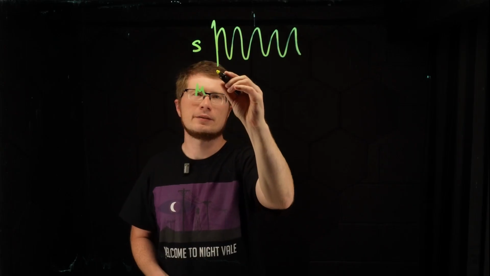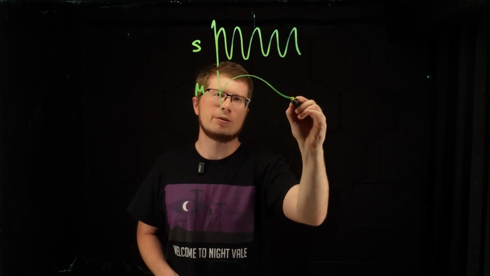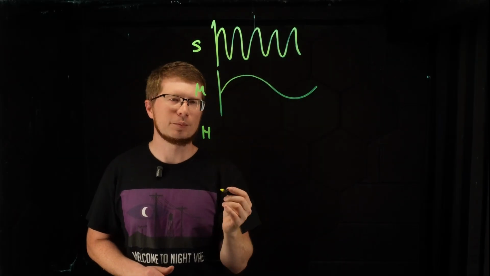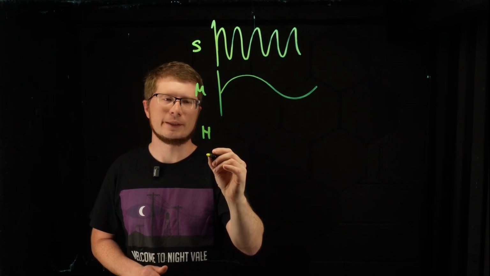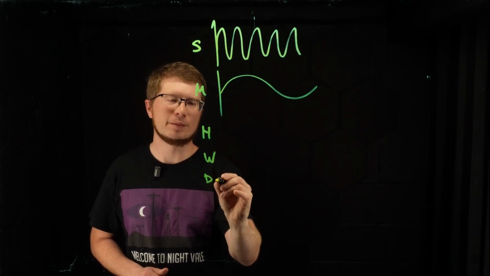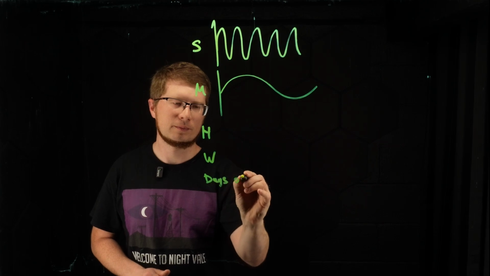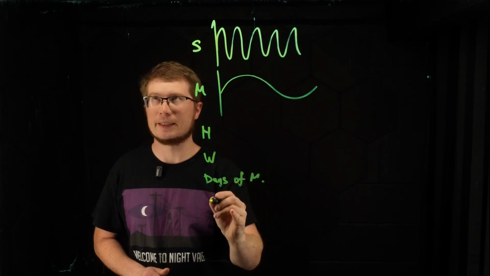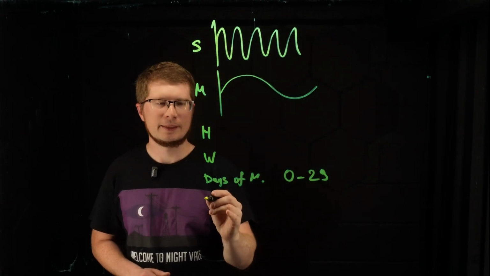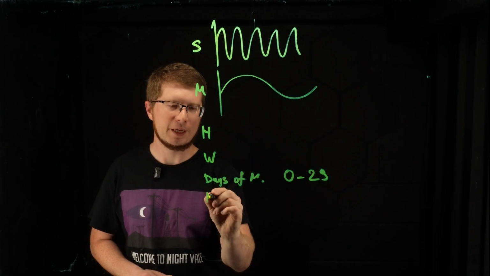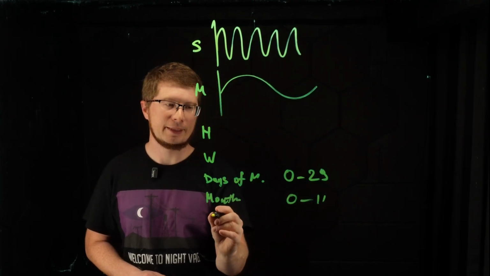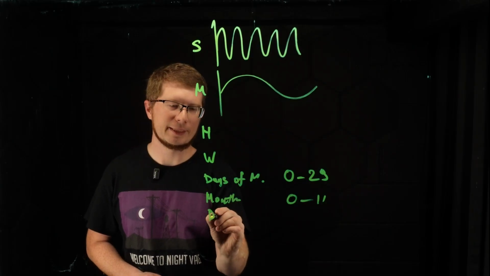Then we have minutes, which will be much slower. And technically, it's very hard to put them on the same scale. So we can put hours, then we can put weekdays, we can put days of the month, and it's from 0 to 29, and we can have months from 0 to 11, and we have a decade.